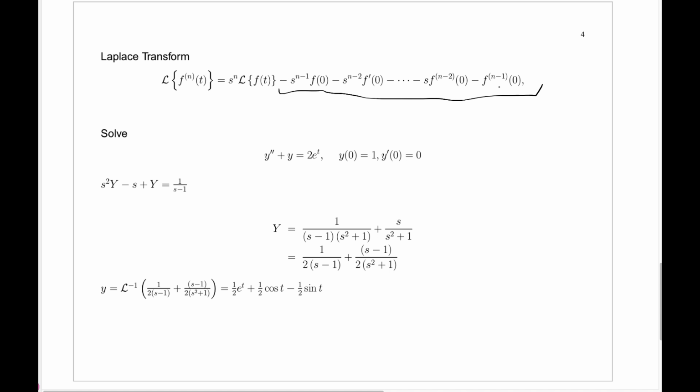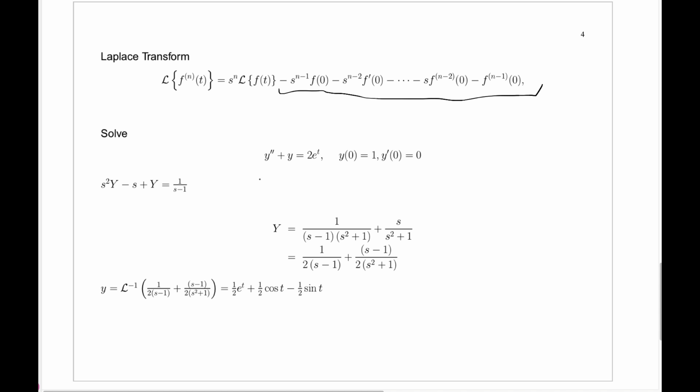So if we're given an initial value problem, say for an nth order linear homogeneous differential equation, knowing the initial condition at 0 will tell us exactly all of this stuff, and then we can just transform the nth derivative of f by taking s to the n times the transform of f with all of this other information from the initial value.